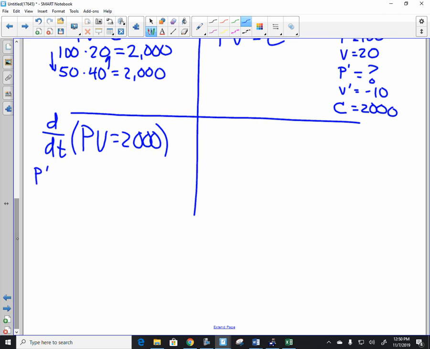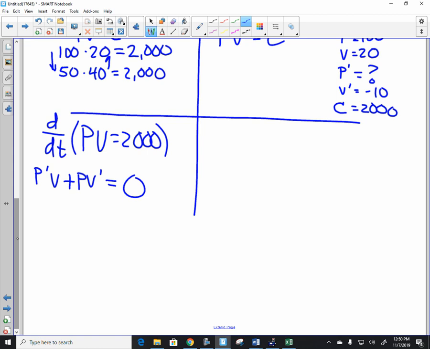P prime times V plus PV prime is equal to 0. Some of you on your last test made the mistake with implicit differentiation: you took the derivative of, I think there was a 9 on the end, you listed the 9. I've seen some smiles. Sorry if that got you, but the derivative of the constant is 0.